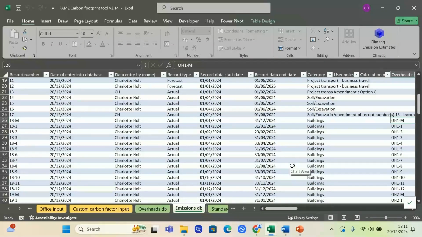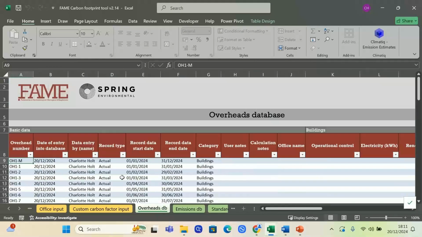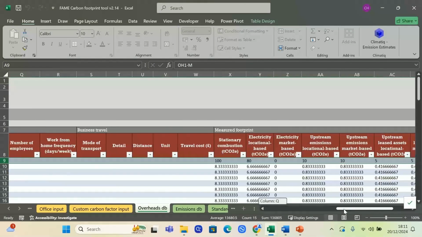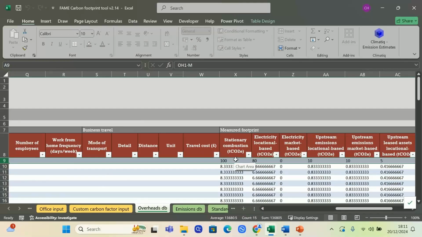As I previously mentioned, it's all at monthly resolution. In the overheads database we've got OH1M, which indicates the master entry. So this is the entry of the raw data that you input. We input 100 tons of carbon dioxide equivalent as the carbon footprint, and 80, 10, 10 and 5.